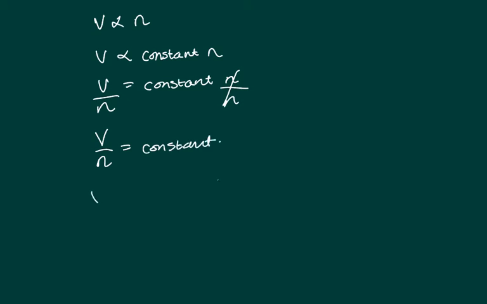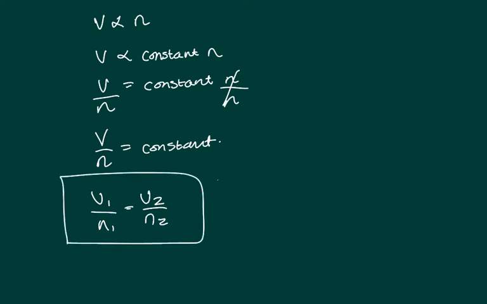Hence, V1 over N1 will be equal to V2 over N2, because at the end of the day, both of these will be constant. V1 over N1 will be constant, and V2 over N2 will be constant. So that is Avogadro's law here.